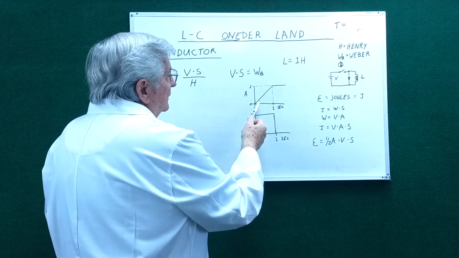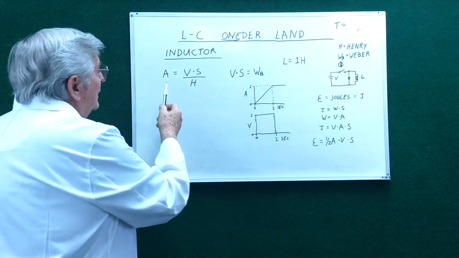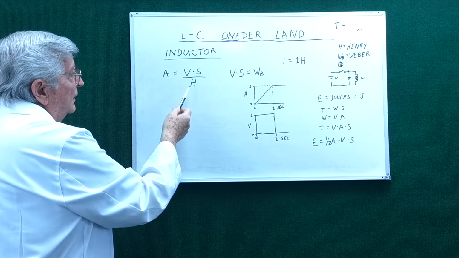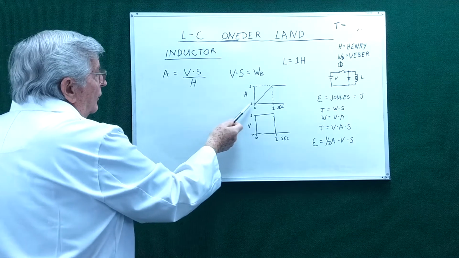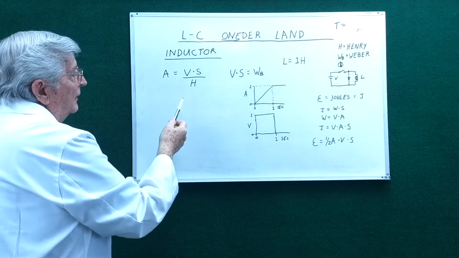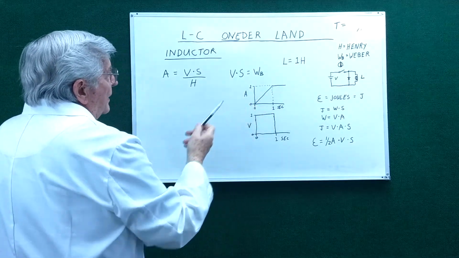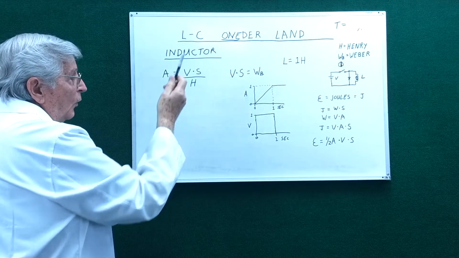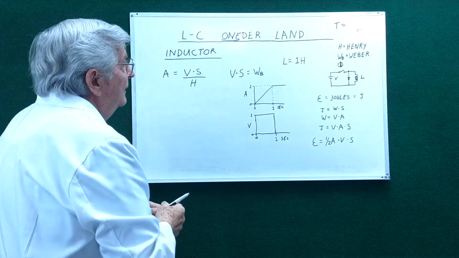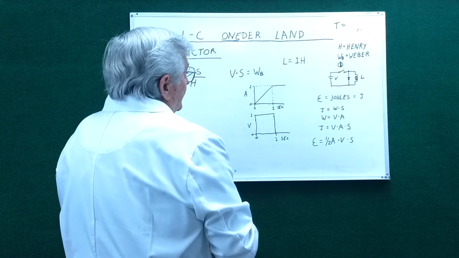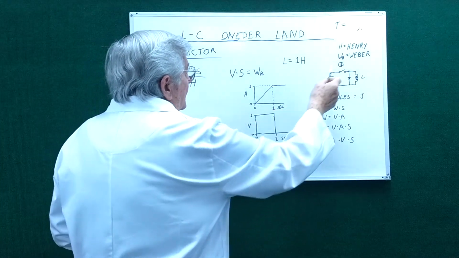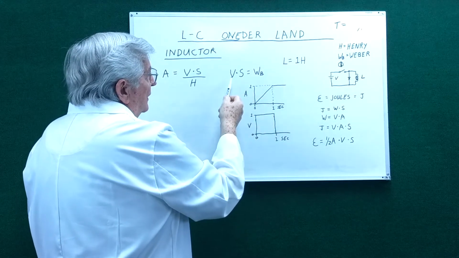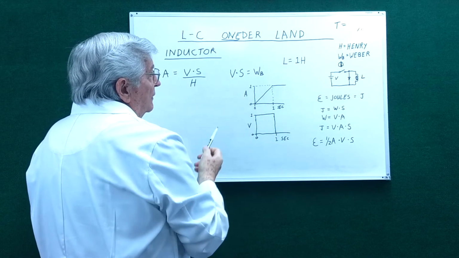Now during that time period, our base equation that we started with says that the current is going to ramp up to 1 amp if we have 1 Henry and 1 volt for 1 second. So it turns out a Weber of flux is equal to a volt second.